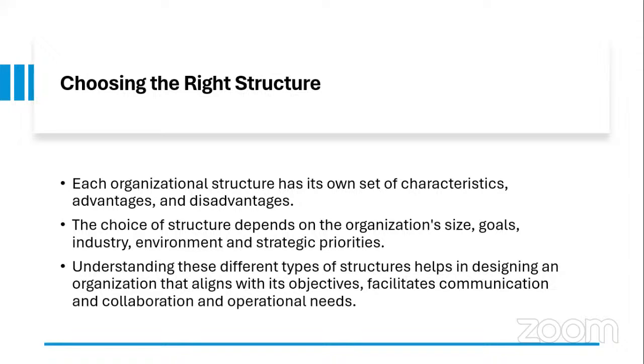You have the functional, divisional, and the matrix. Those are the major ones we have. But we have several others based on complexity. So we have process-based structures, team-based structures, flat structures, vertical structures, horizontal structures.